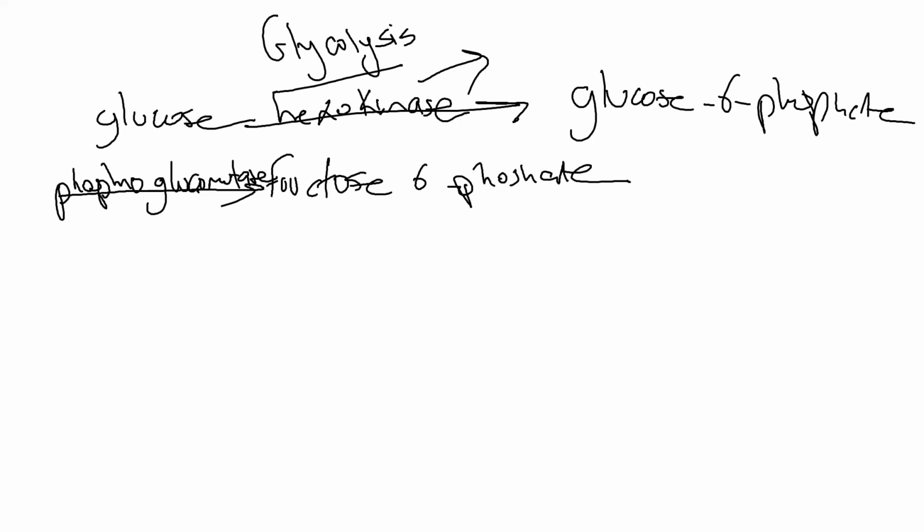So we start with one glucose molecule, which becomes glucose 6-phosphate. Why? Because the kinase enzyme phosphorylates, or adds a phosphate to, the molecule it acts on. And then this glucose 6-phosphate will become fructose 6-phosphate by phosphoglucomutase.